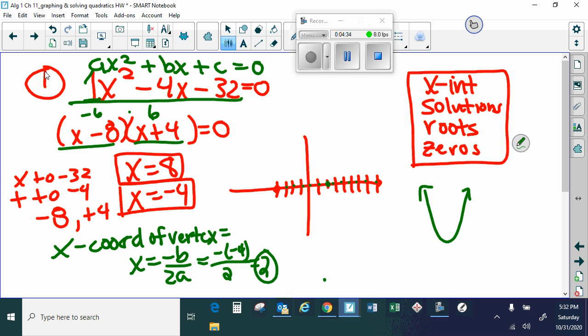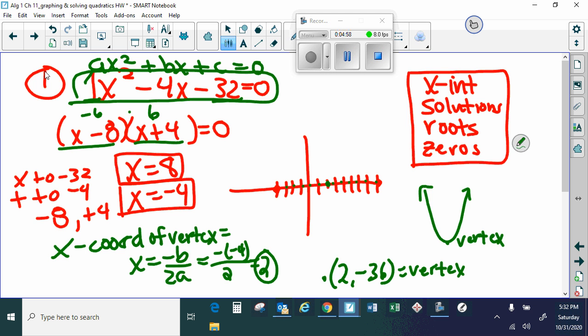So way down here, (2, negative 36) would be my vertex. This is called the vertex of a quadratic. If I plug the 2 into here, I'd have 4 minus 8 is negative 4, minus 32 is negative 36. If I plug it in here, I get the same answer.